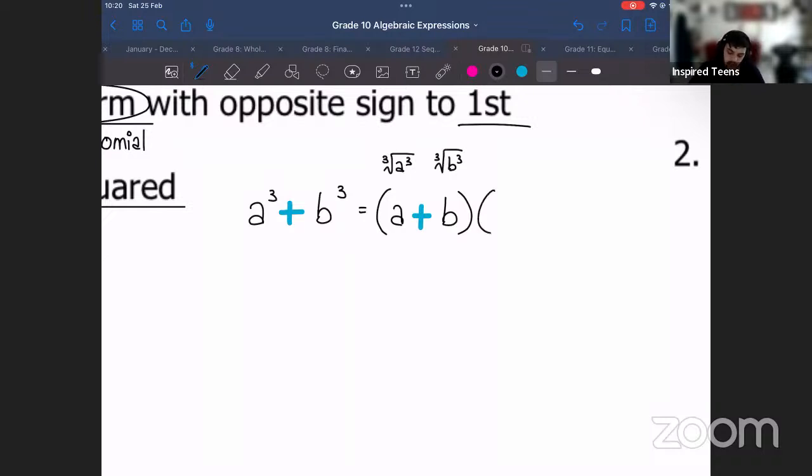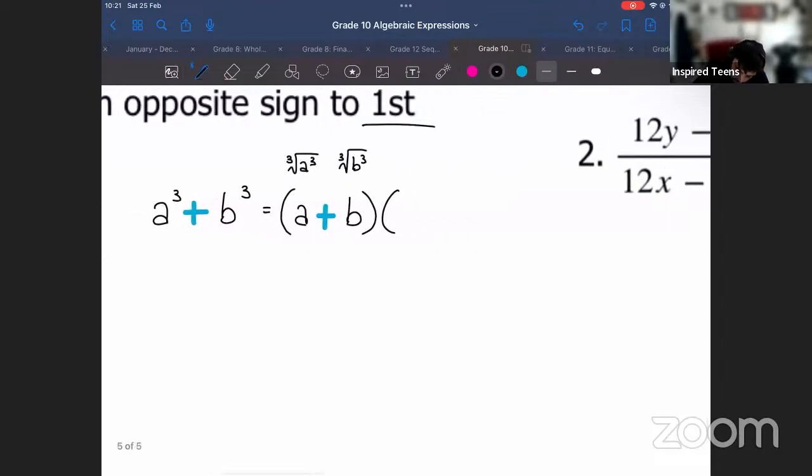Then how do we form the second bracket? We take a, we square it. Opposite sign. How do we form the second one? A times b. Always positive last sign. And how do we form it? b squared.